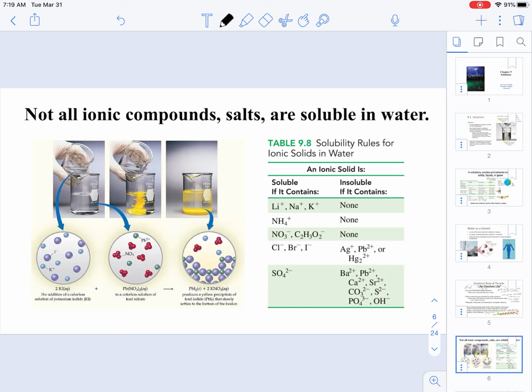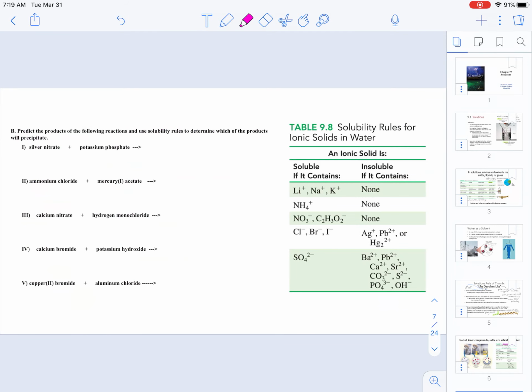So for that, in order to determine if something is soluble in water, you need to utilize table 9.8, which gives you what we call in chemistry solubility rules. And I'm going to illustrate how to utilize table 9.8 to solve problems that we have in the worksheet.